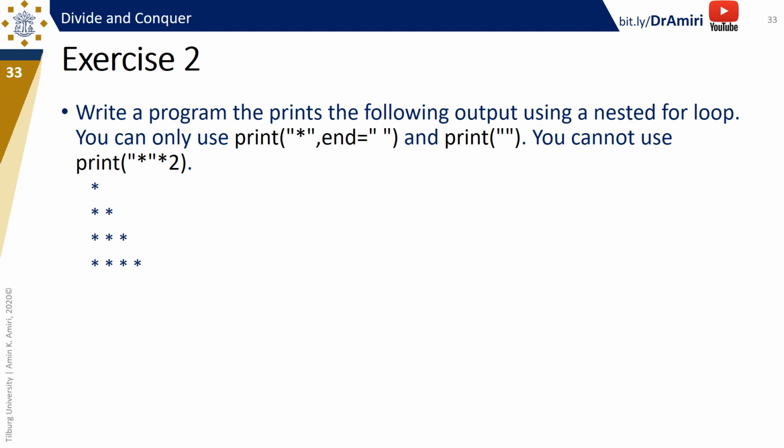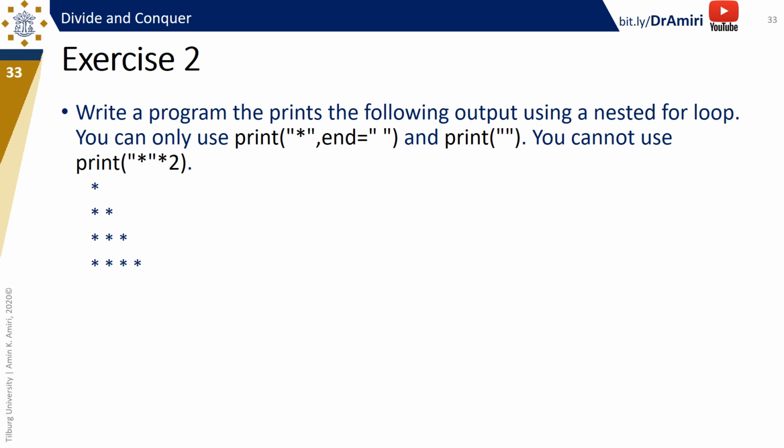Now, please pause for a minute and try to write a program that prints the following output. You see several stars. In the first line, I have 1 star, then in the next line, 2 stars, and so on and so forth. Note that you cannot use the multiplication operator.